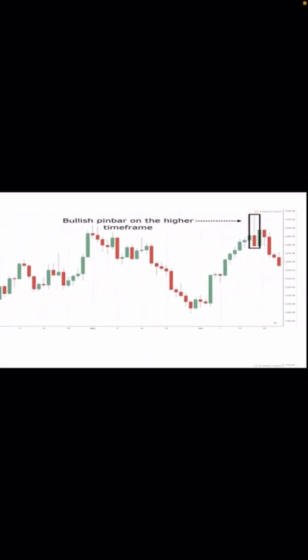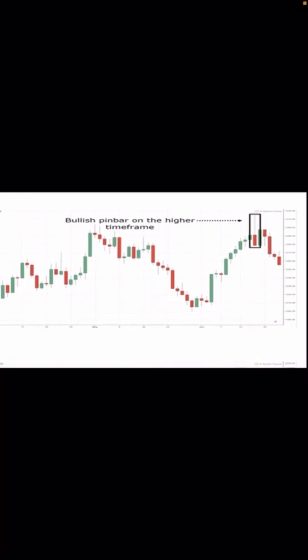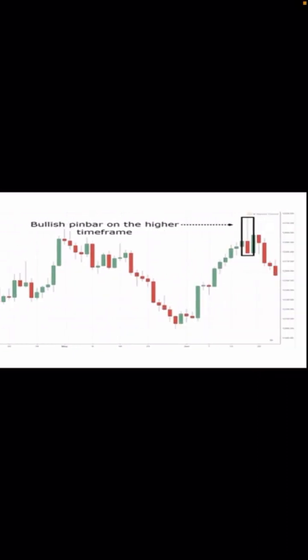That's actually a bullish trend, with a bullish pin bar at a higher time frame.